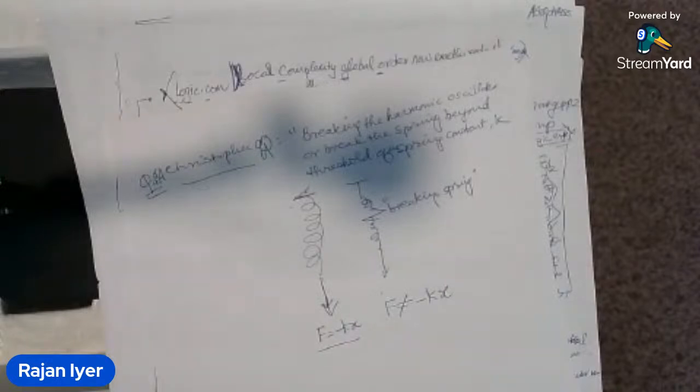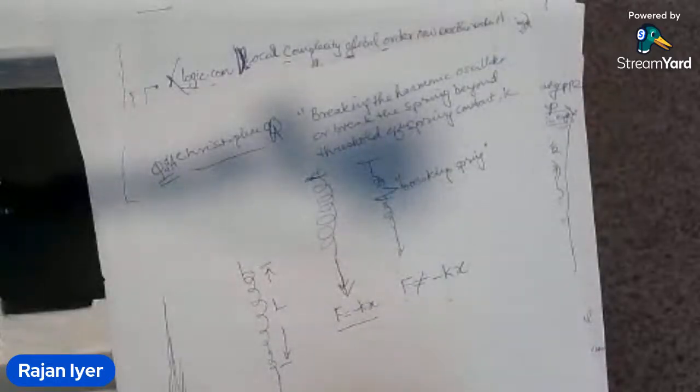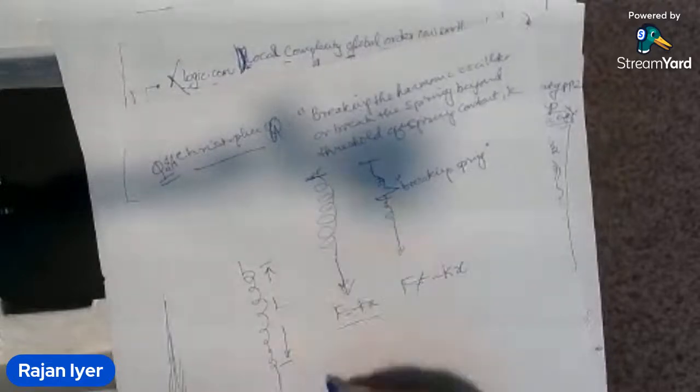No longer will it follow, because the idea of kx is that you pull it all the way, you have a certain length, and then you let it go. Suppose you have a weight. Now I let go of the weight.